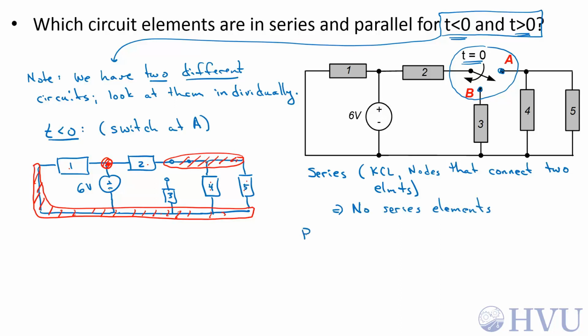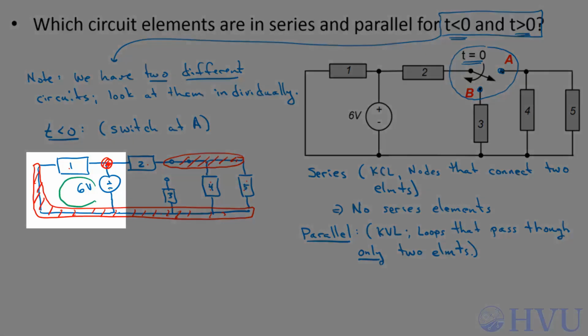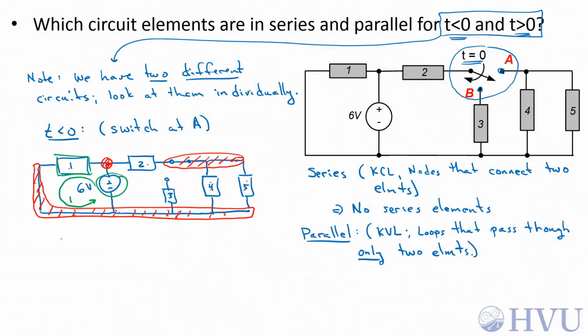Now let's look for parallel elements. For parallel elements, I want to do KVL, and I want to find loops that go through only two elements. If I go through this loop here, that passes only through element 1 and the 6-volt source. So loop 1 has only two elements.